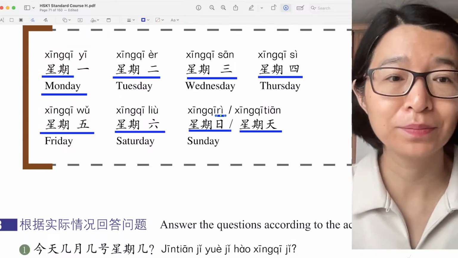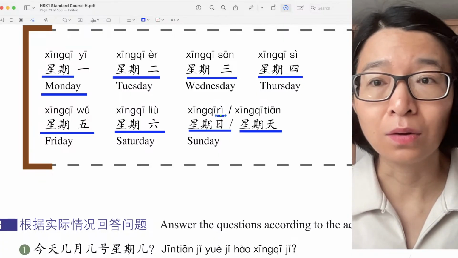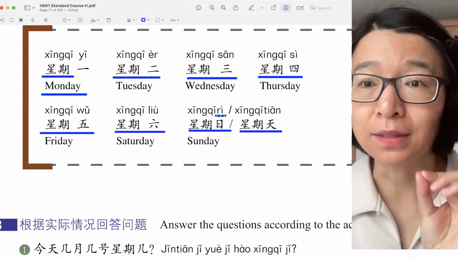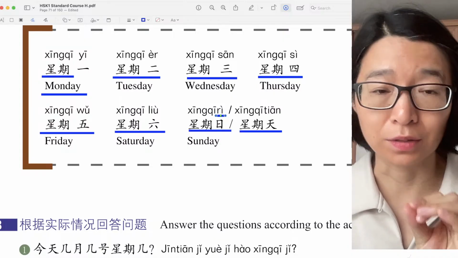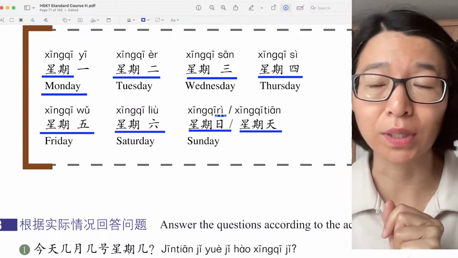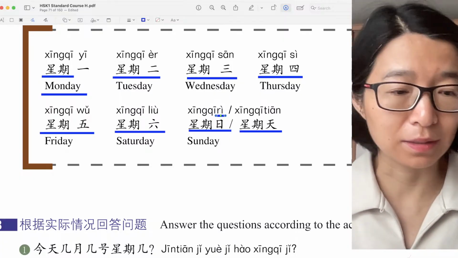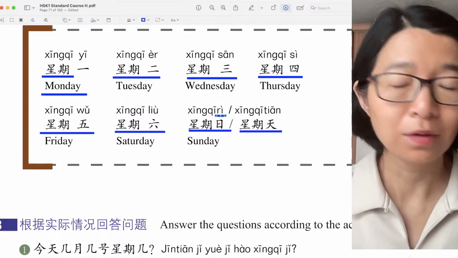Great, 很好. Okay, how about we first say the number in front of each day of week, and then let's say it in a fun way.